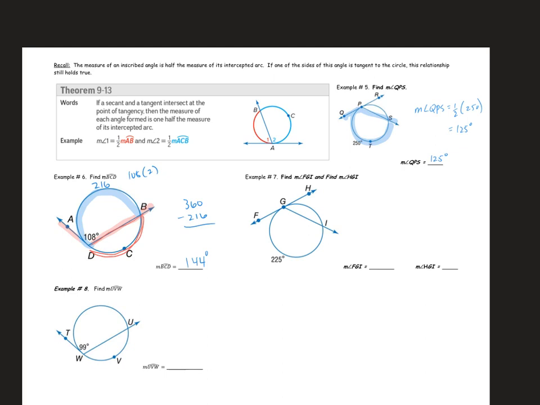What is the measure of angle FGI? That is 1/2 of 225. So if I do that, I'm going to get 112.5 degrees.